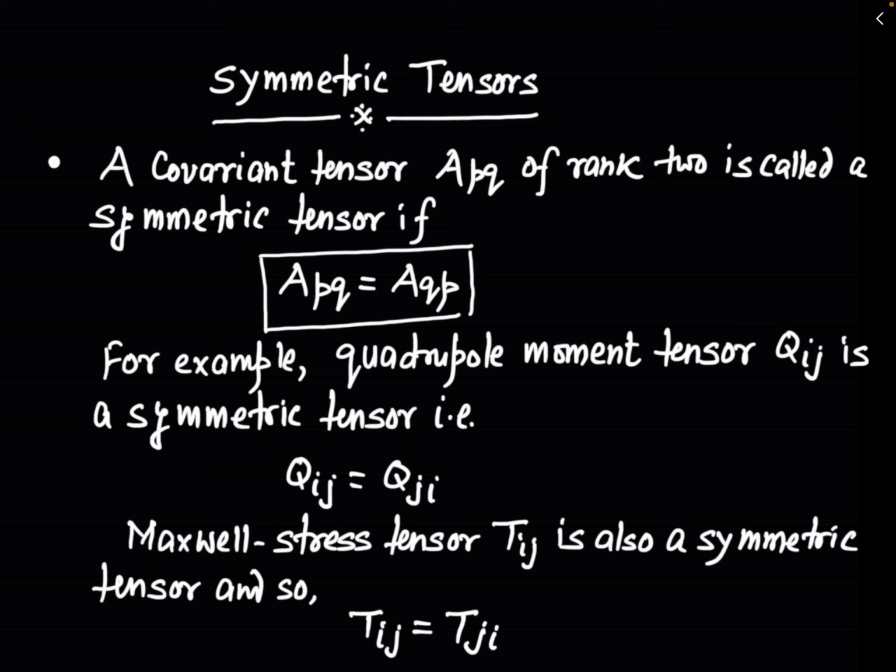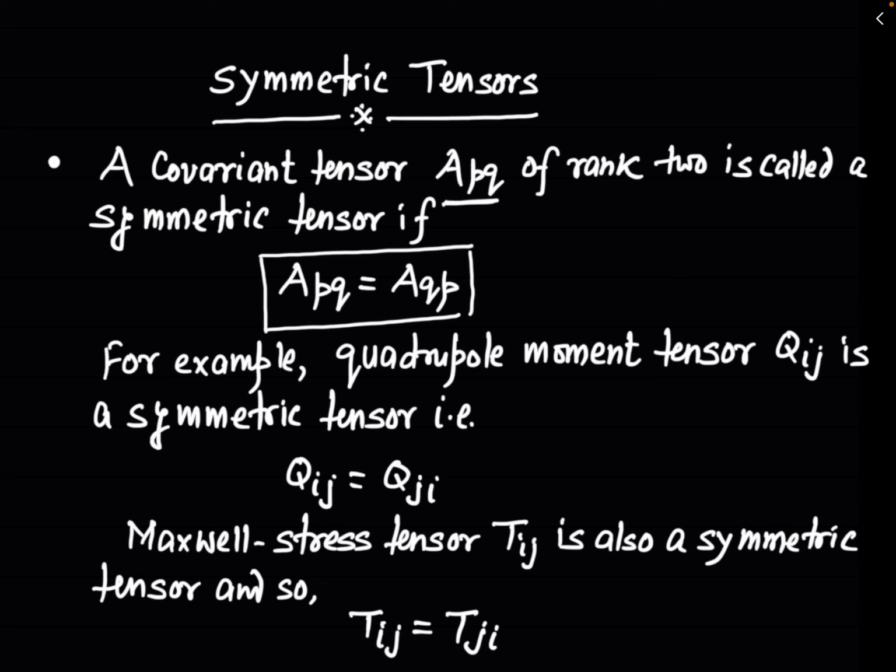And in this regard, I consider a second order tensor, or you can say a tensor of rank 2, which is a covariant tensor. Let us consider that this A sub PQ is the symbol which represents a covariant tensor of rank 2. And this symmetry property is actually defined for two indices.